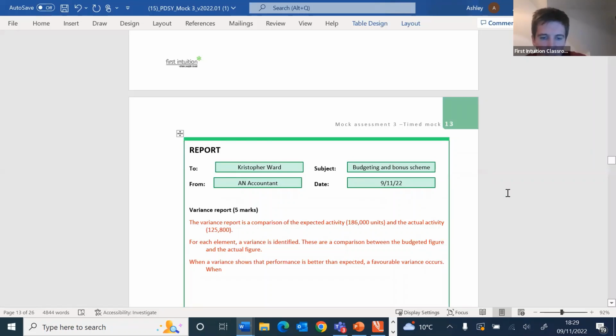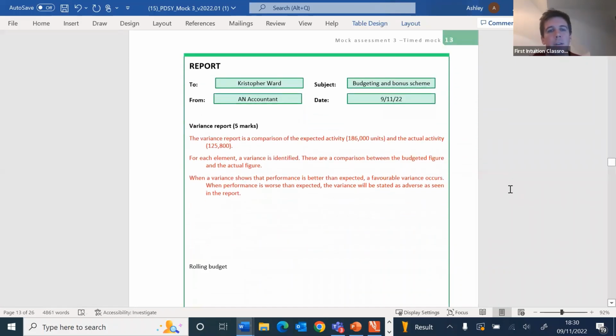When performance is worse than expected, the variance will be stated as adverse, as maybe seen in the report. Okay.